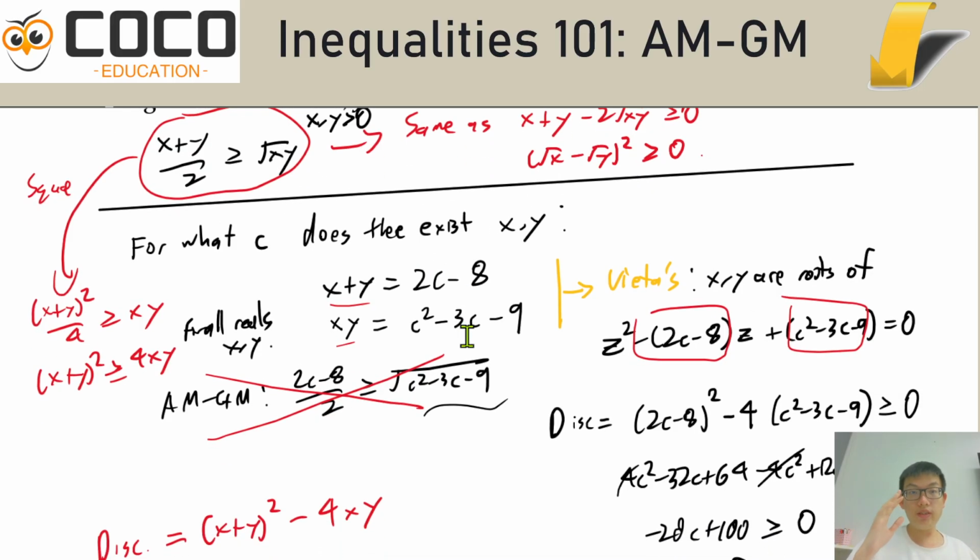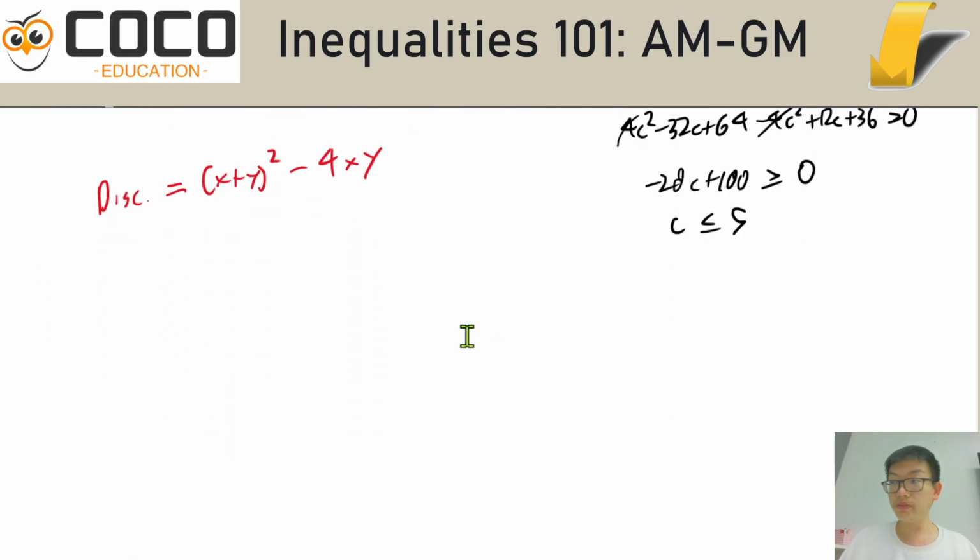Alright, now, with this being said, it is true therefore that the two variable case does not always require AM-GM. But it has kind of been there all along.